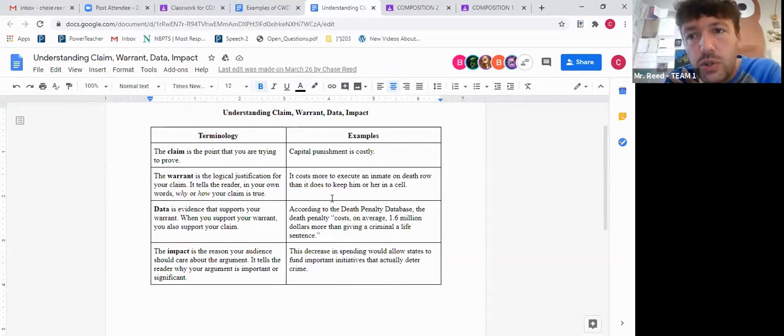Usually this is evidence. Usually this is information. It says according to the death penalty database, the death penalty costs on average $1.6 million more than giving a criminal a life sentence. Does that prove the warrant to be true? Does it say the same thing as the warrant did?